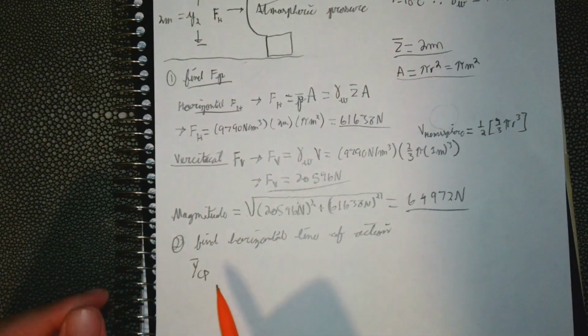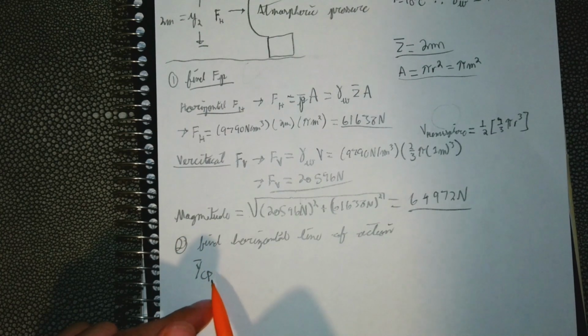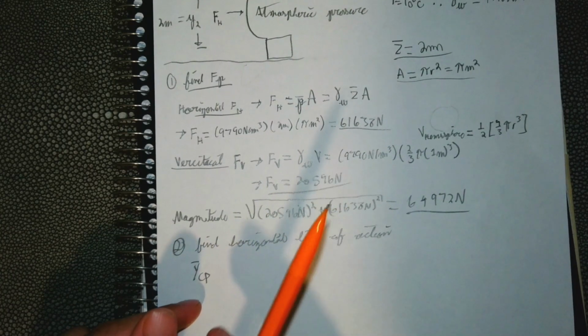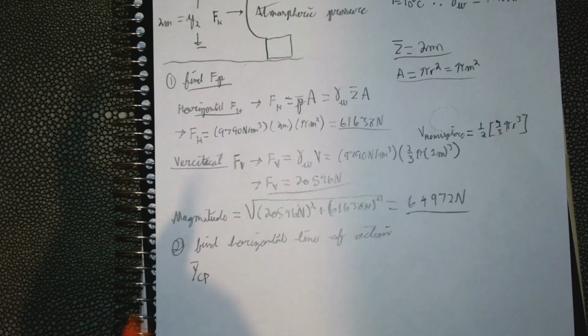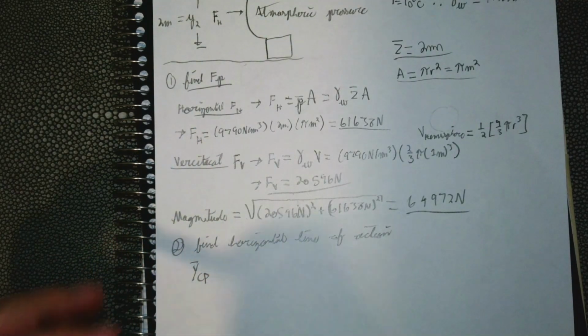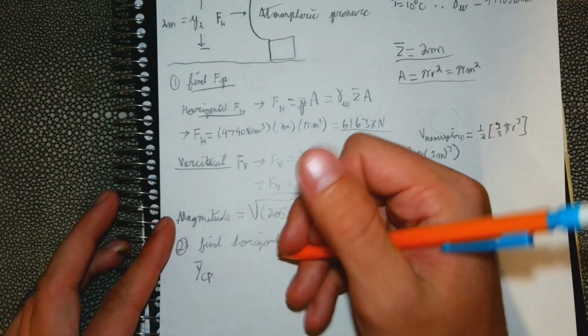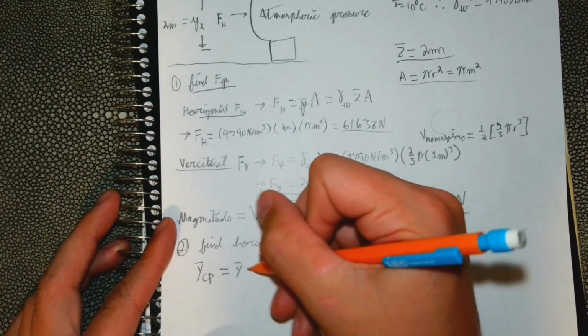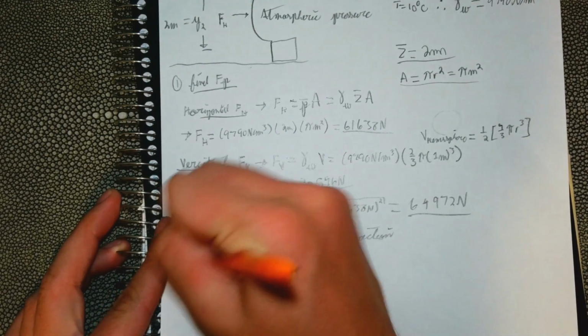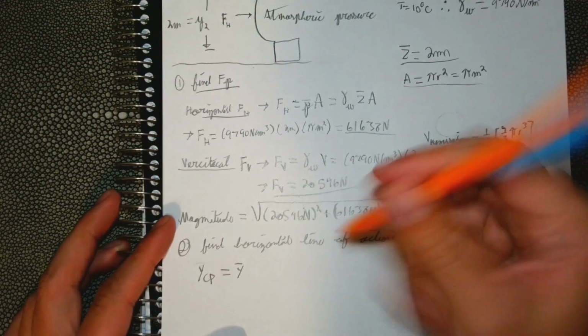The horizontal line of action will be on the center of pressure because that's where the horizontal force will act. So finding the slant distance will help us locate where the horizontal line of action is. And that equals the slant distance to the centroid. Don't put a bar over this, so that has nothing to do with the centroid.